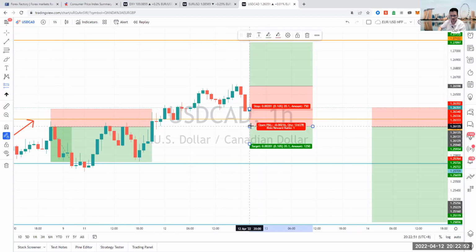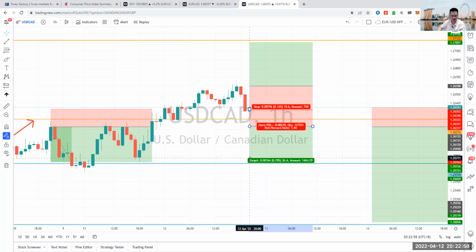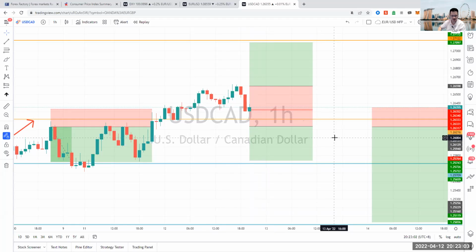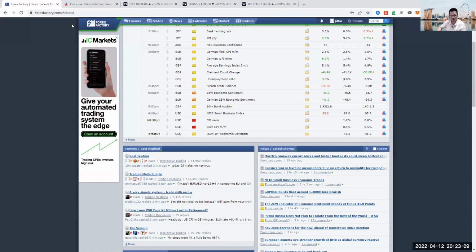So I would say at about 1.2613. Stop loss again, very tight, 20 pips. Take profit at about 40 pips. You could be looking for that counter trend scenario with the news being an upset. So it's all going to be dependent on what happens in 7 minutes with this data.